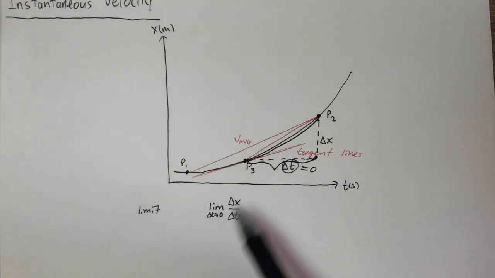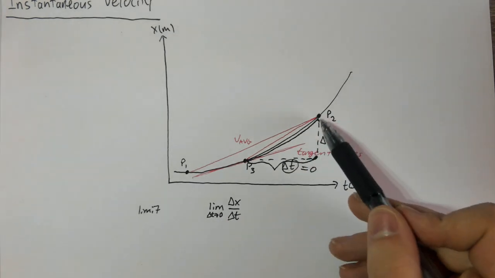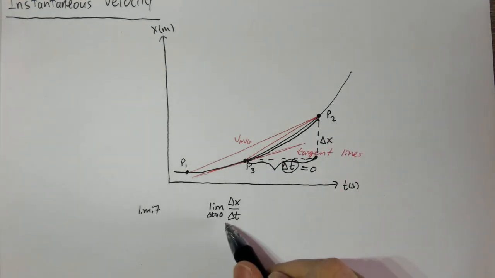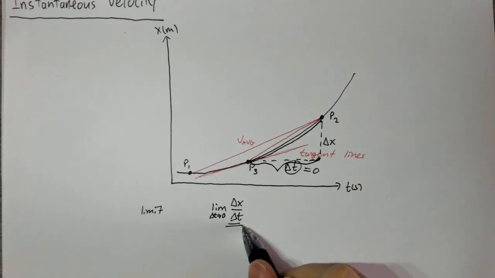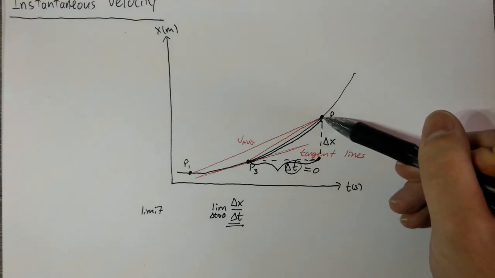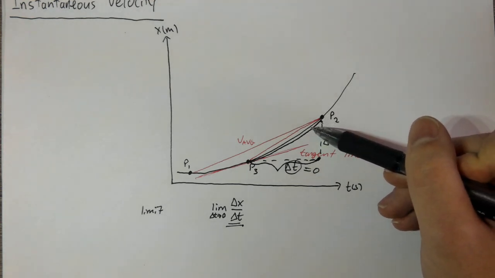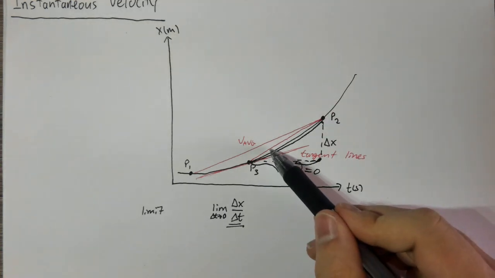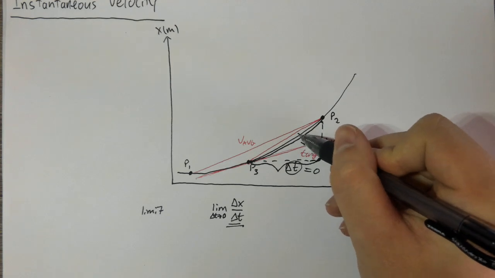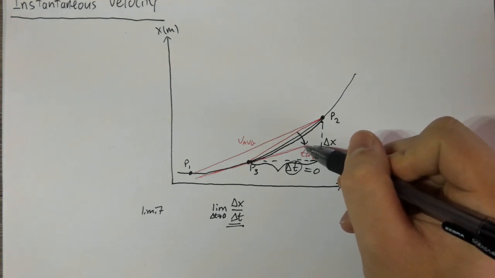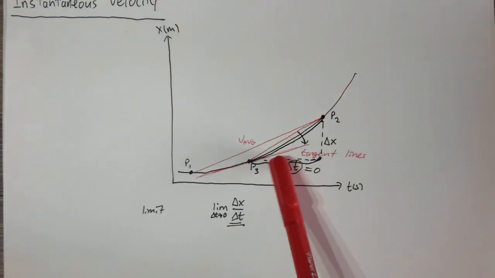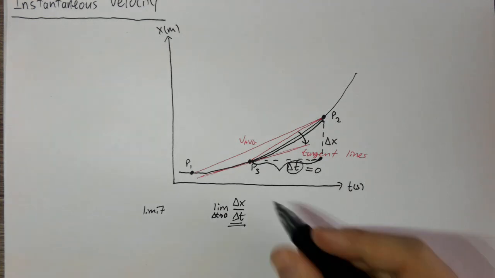So we're basically saying, as we drag P2 along the line towards P3, what is our function? If you imagine you're dragging this down, this red line is going to start to approach this line. So it's going to start to flatten out and become this line.